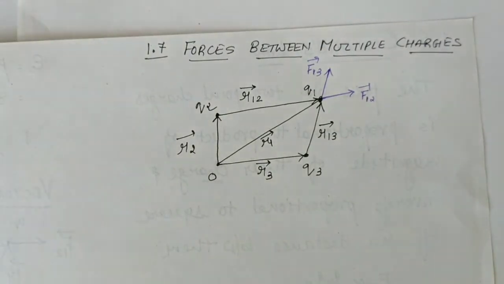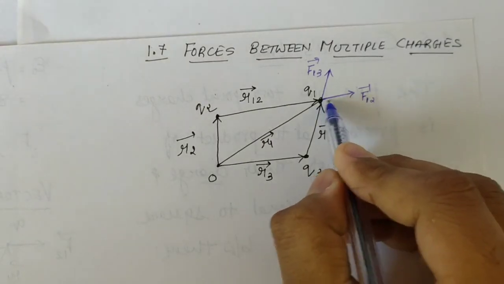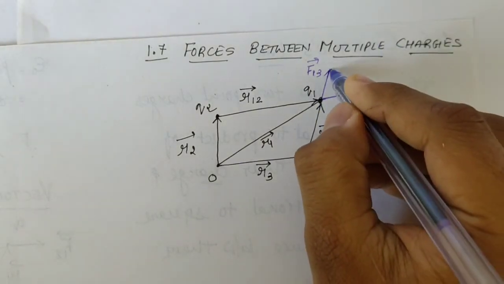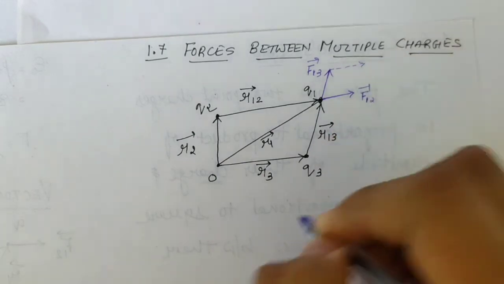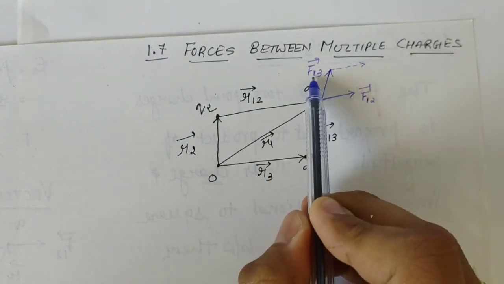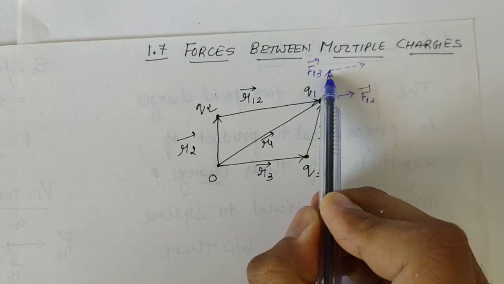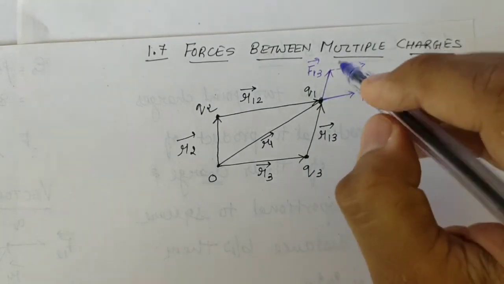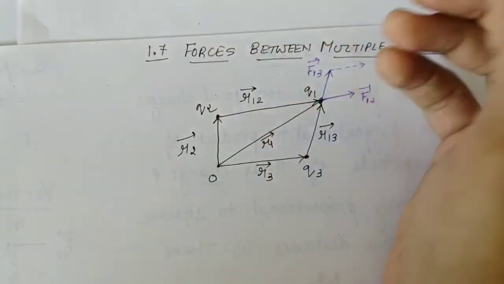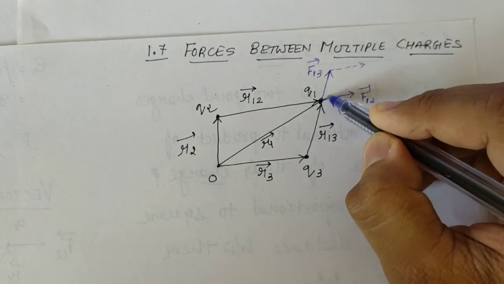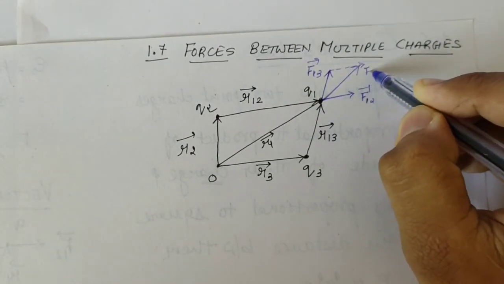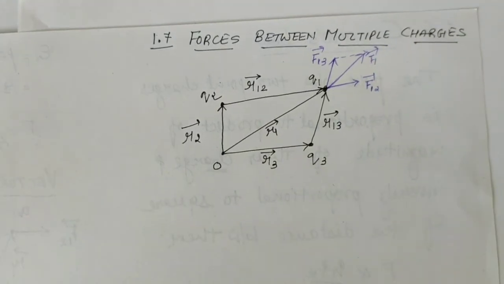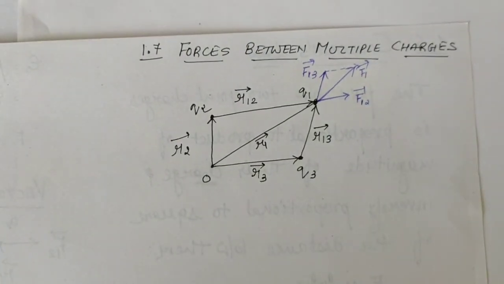By using the parallelogram method, chapter 4, standard 11, take its parallel component. Now, the head of F13 is connected with the tail of F12. So this is the direction of F1, the total force.